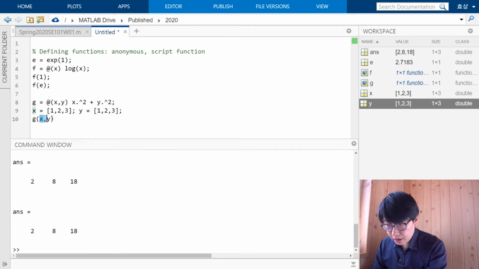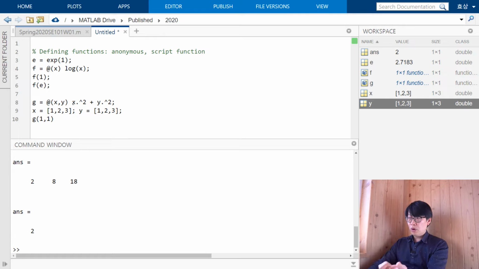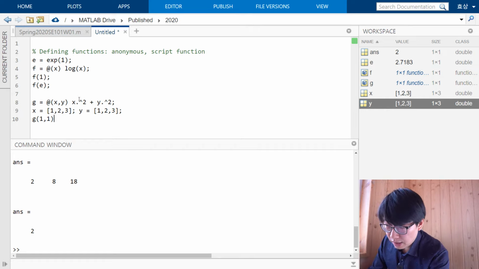Putting the dot does not make a problem even if you put a single number like 1, 1. A simple value 1 is considered a 1 by 1 matrix, so you can think of it as an entry, and you can put this dot operation on a 1 by 1 matrix. So there's no problem.